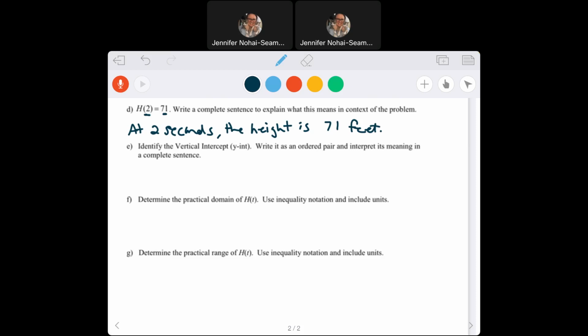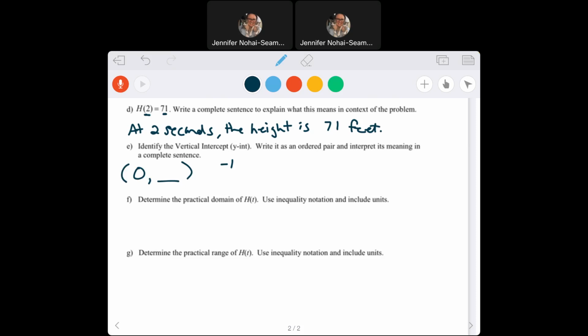Next, it says to identify the vertical intercept and write as an ordered pair. Whenever we're doing a vertical intercept, we have a 0 for the x coordinate. In this case, it's the t coordinate. All right, we put 0 in there and we want to figure out what the y coordinate is.